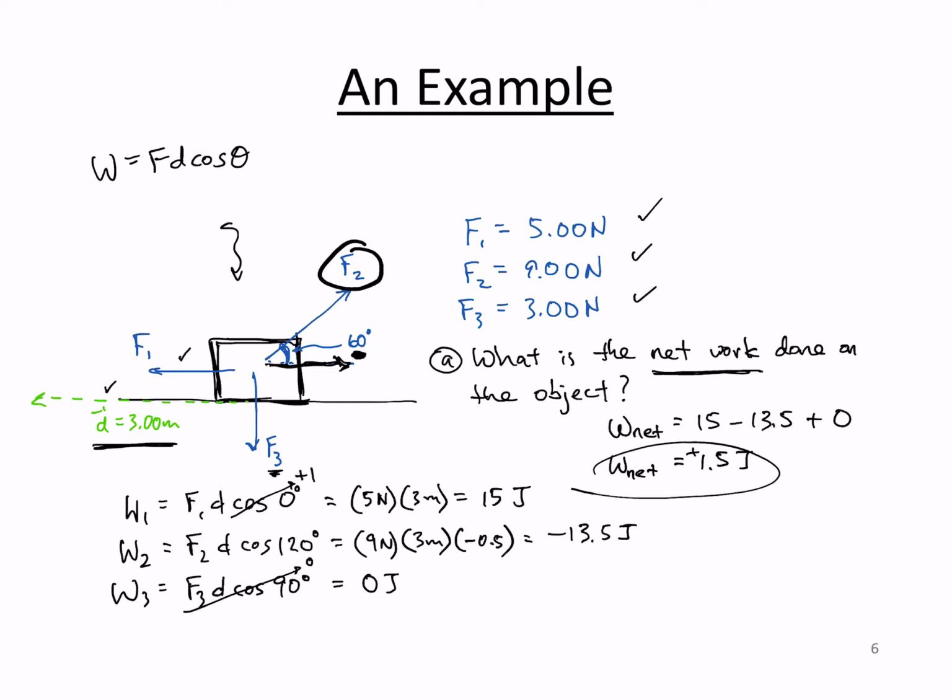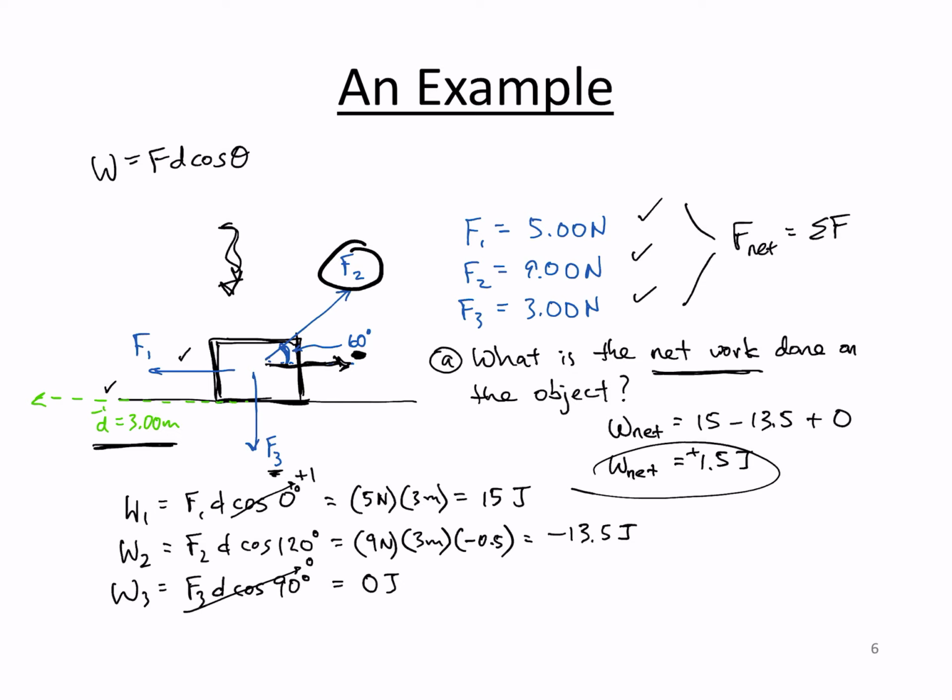Now, there's a couple other ways you could do this. If you were so inclined, you could find the net force first, doing our usual sum of vectors using these magnitudes and the indicated directions in the diagram. Find F net, which I've been using as notation, but they mean the same thing.